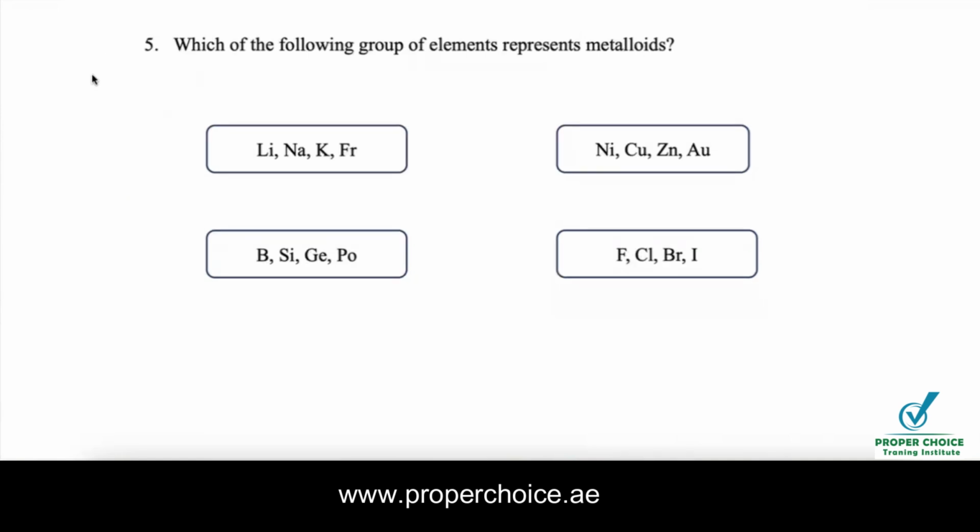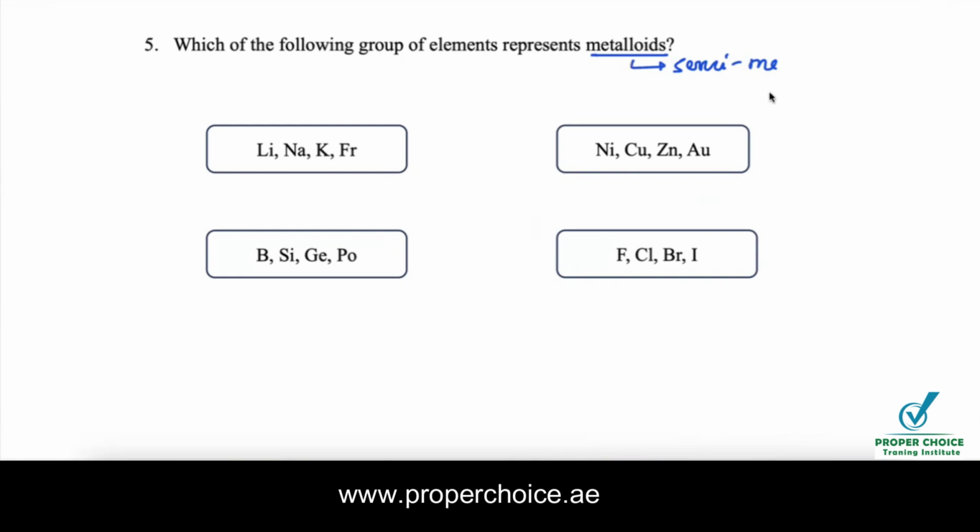Let's talk about question number 5. It says, which of the following groups of elements represents metalloids? Metalloids are also called semi-metals. So they have 50-50 properties, I can say. Approximately 50% property of metal and the remaining 50% property of non-metal.